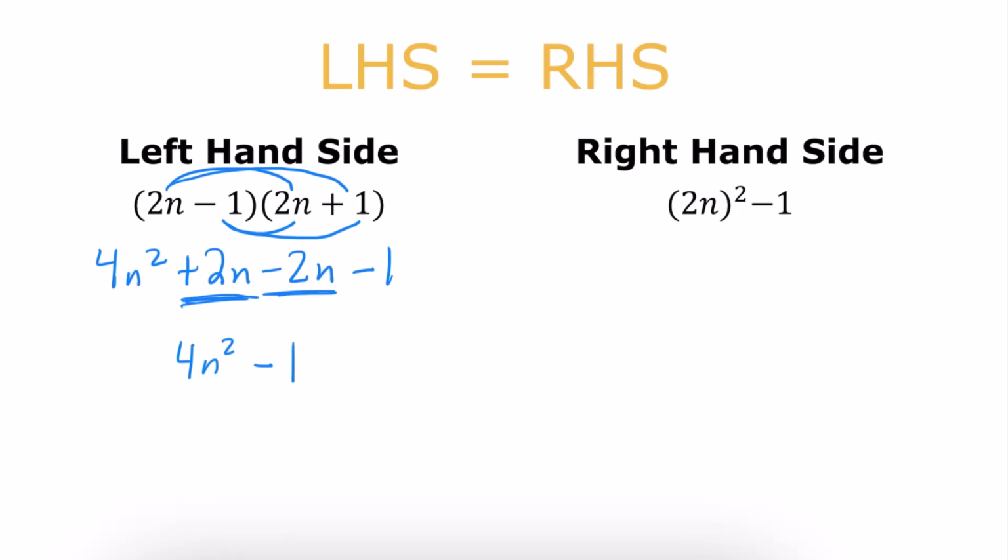Now, this expression is very similar to the right-hand side, but they're not quite equivalent yet. On the right-hand side, the way that I would simplify this one is I would say, okay, I have 2n squared, which means that I have 2n times 2n, and then I subtract 1 from that. And 2 times 2 is 4. n times n is n squared. And so 4n squared minus 1 is a simplified version of that right-hand side. And as you can see, the left-hand side and the right-hand side simplified to the same expression.